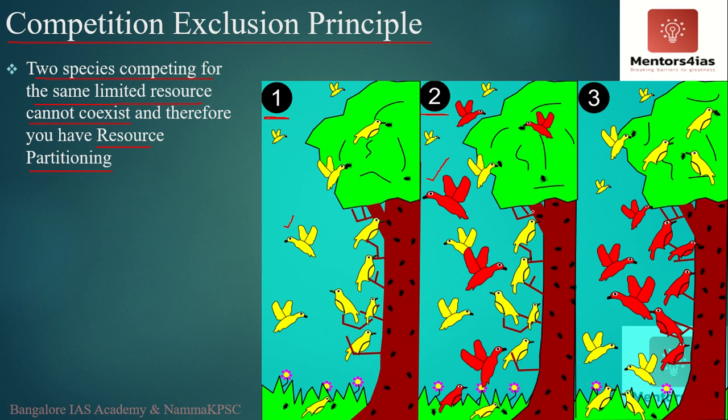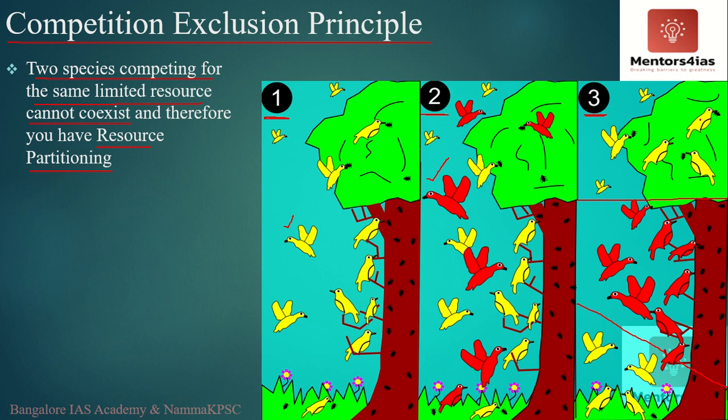As the red bird starts to dominate the middle of the tree for the abundant resources, the yellow bird is forced to adapt to a new niche and is restricted to the top or bottom of the tree to avoid competition, or it might relocate to a new tree itself.